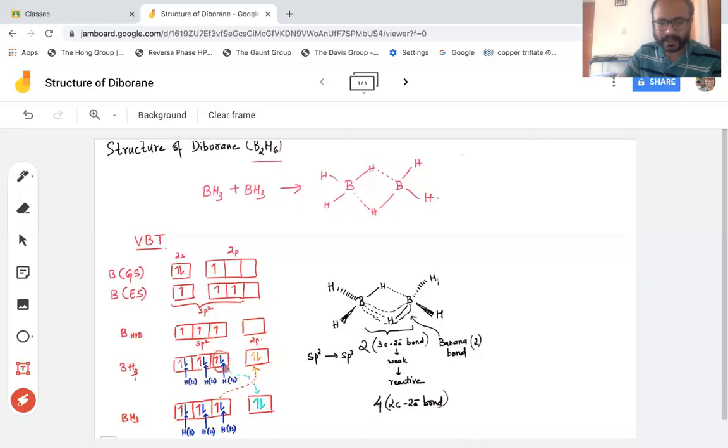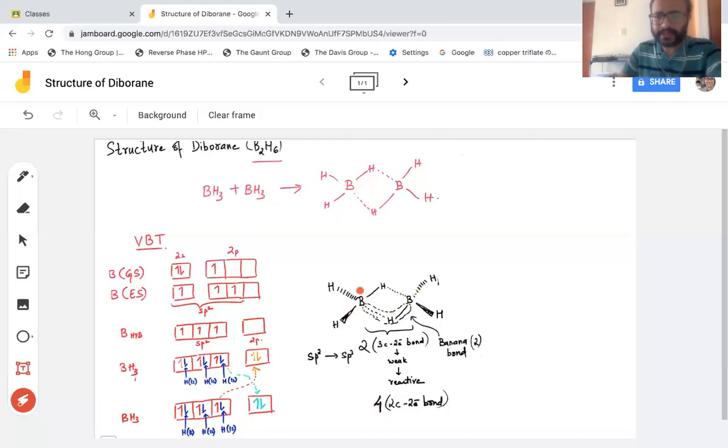Similarly, any one of the bonding electrons is donated to the empty orbital of the adjacent BH3 molecule. When this happens, the hybridization changes from sp2 to sp3. And that is how the hybridization in the actual diborane is not sp2 but rather sp3.